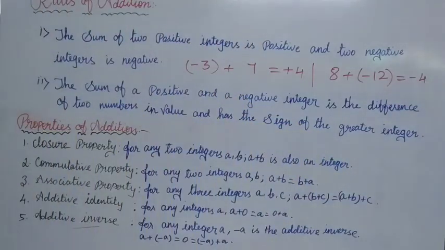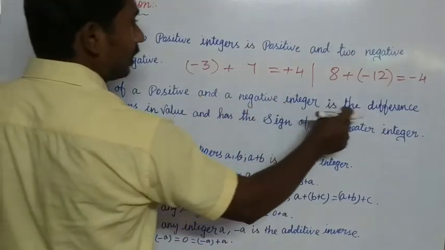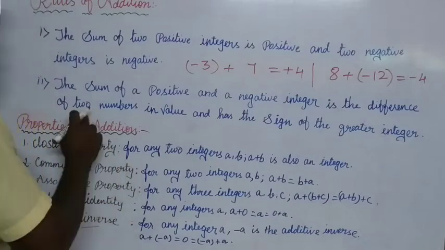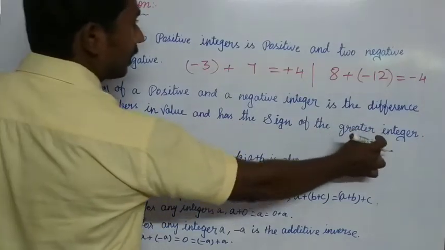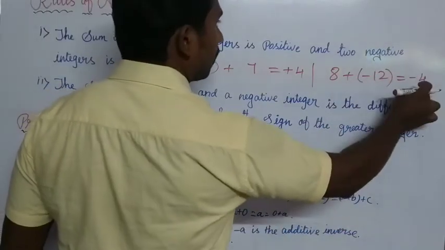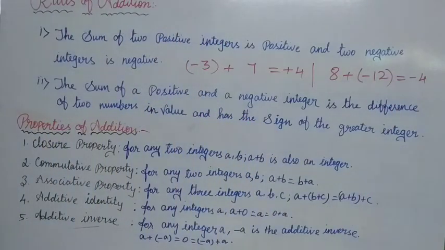The answer is minus 4. That is the rule: the sum of a positive and negative integer is the difference of the two numbers in value and takes the sign of the greater integer. Two numbers ஓட difference ஓட value போட்டுட்டு greater integer ஓட sign போடணும். That is the rule of addition.